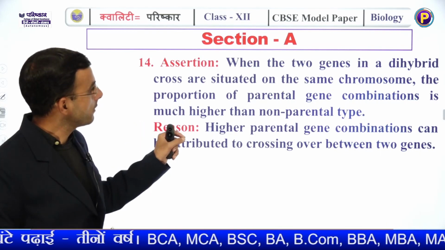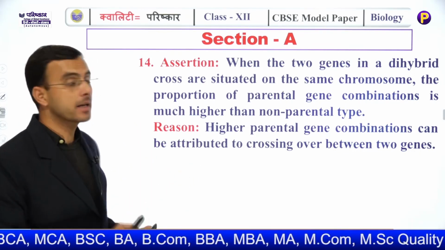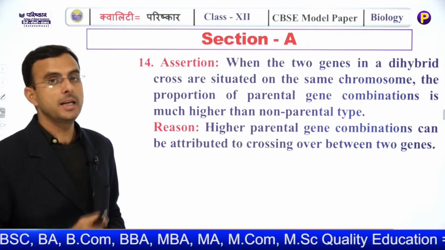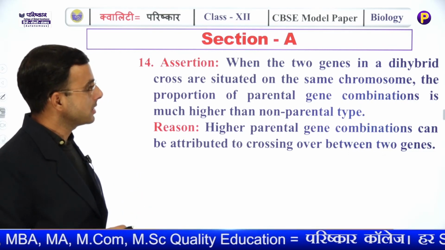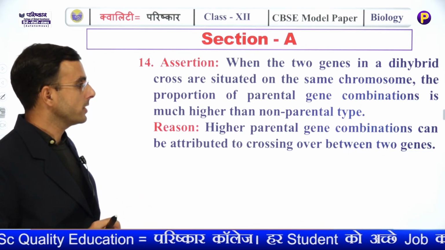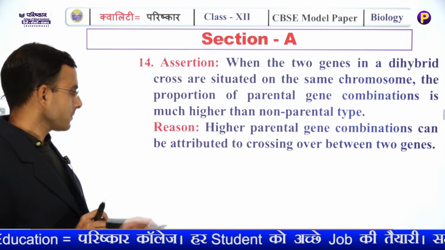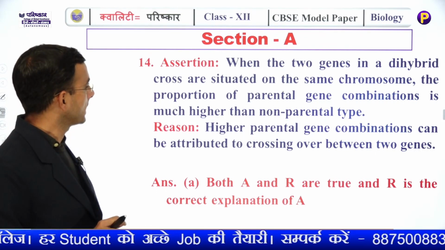The proportion of parental gene combination is much higher than non-parental, because linkage is working. Higher parental gene combination can be attributed to crossing over between two genes. So that is the more one, and A is the answer.